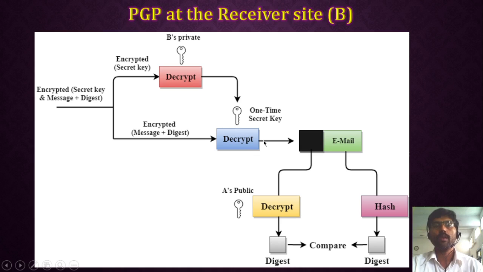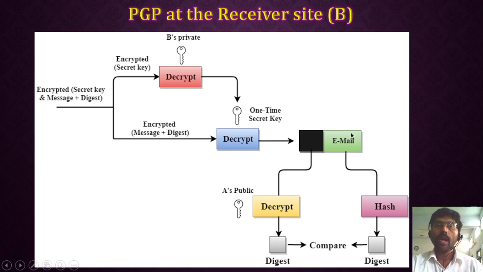Once I have recovered the email and encrypted hash code, I use A's public key, which is received from A, that means the sender. The sender already published the public key, and I received it. Using that public key, I decrypt the hash code. Here the hash code has not been modified by the opponent because it decrypts properly.